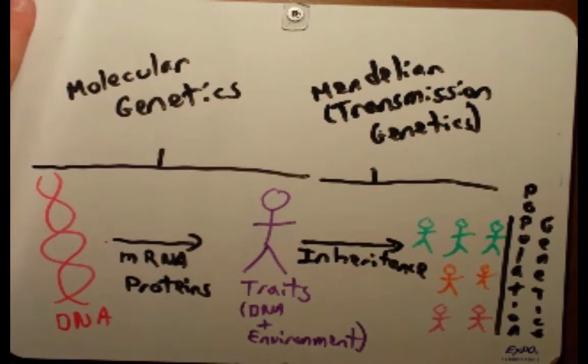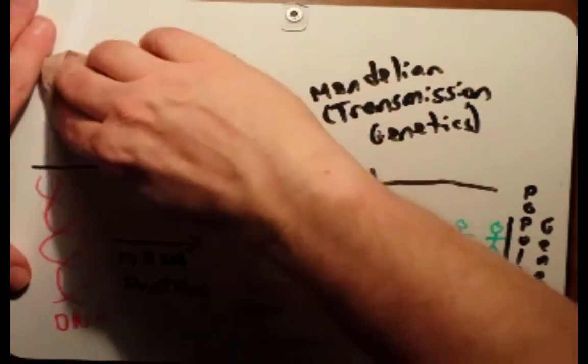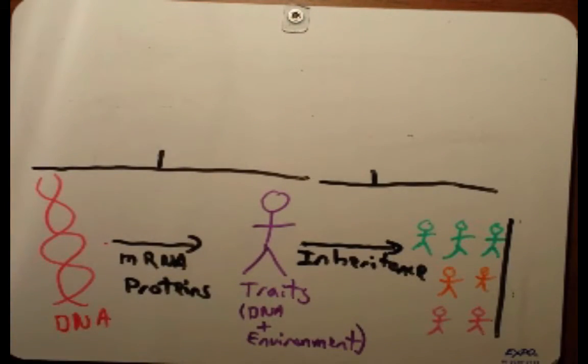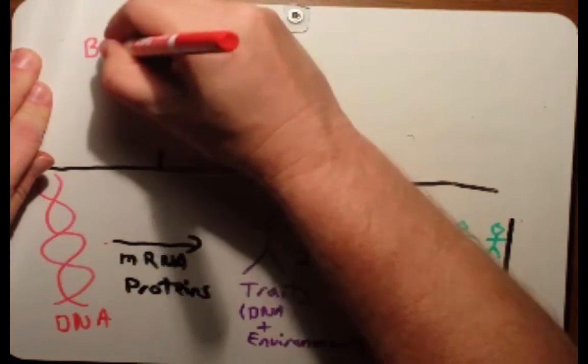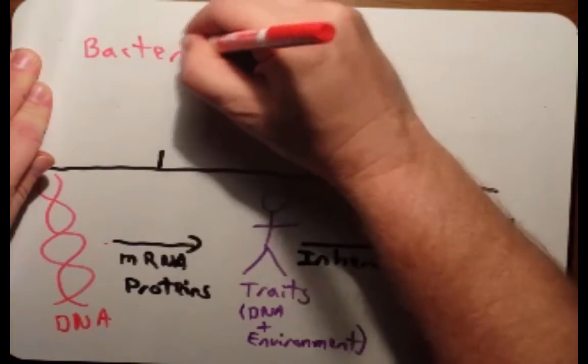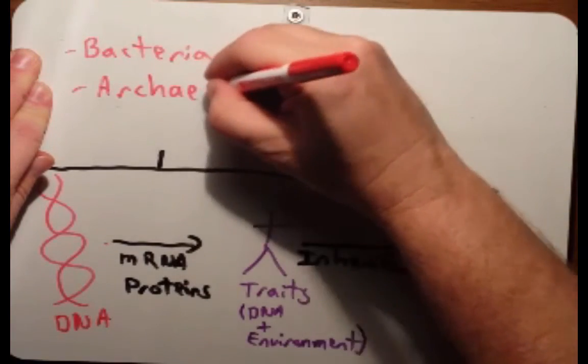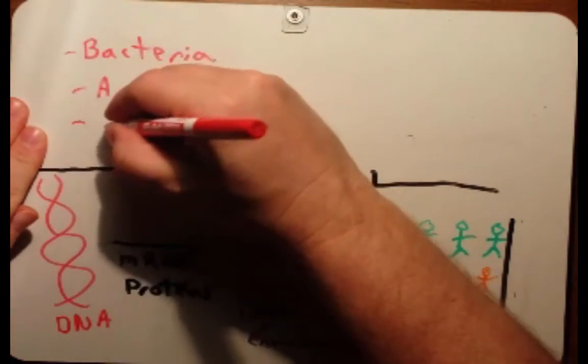I'm going to erase these top lines up here, letters I mean, and along the side here. And I want to remind you, while we're talking about all the rules and the regulations of genetics in these three branches of genetics, we're going to talk about it in context of a variety of life. So we'll talk about it in relation to bacteria, archaea, and eukaryotes.